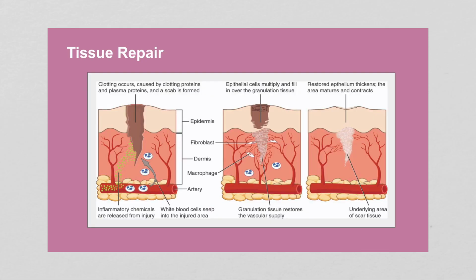So regeneration is when, during healing, the same tissue that was injured forms again. So if you have an injury in your epithelial tissue, that's very likely to happen because epithelial tissue goes through mitosis so much and regenerates pretty well. But if you have an injury in the connective tissue, the underlying connective tissue, you're going to likely get a scar because connective tissue doesn't regenerate so well, and so it's replaced with fibrotic tissue.